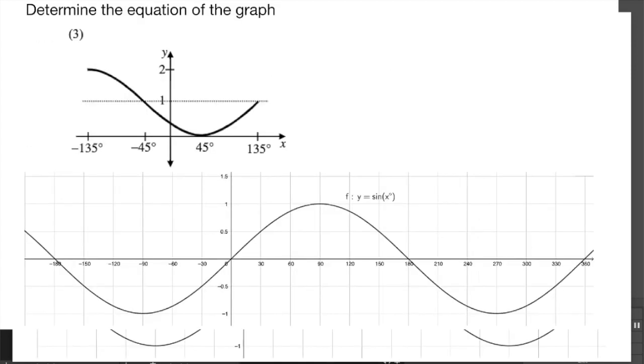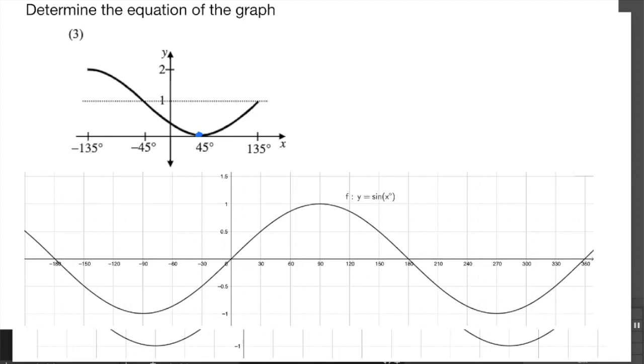Let's look at an example. We are given that graph there. Now, there are two approaches to this particular question. Somebody looking at that graph may see something very close to the graph of sine, and yet another person might think this could be a graph of cosine.